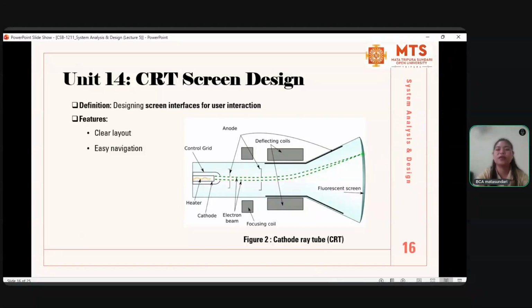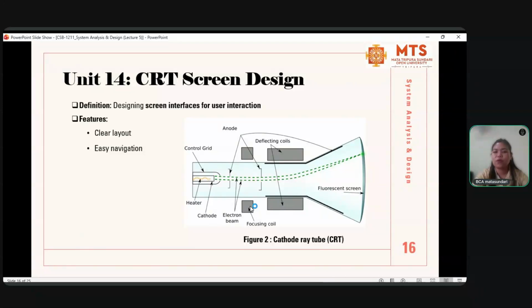So this is the figure of a cathode ray tube, CRT. Like you see, this is the control grid, where the heater is, this is the cathode, and the electron beam will direct the flow of the view. Next, these are the anodes, and this rectangular shape on this side will be the deflecting coils.